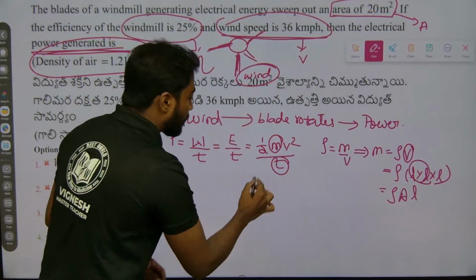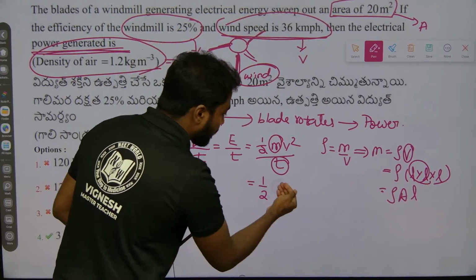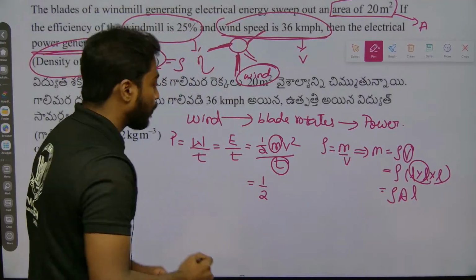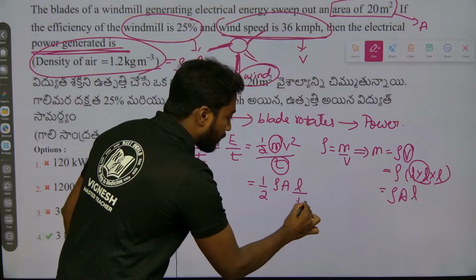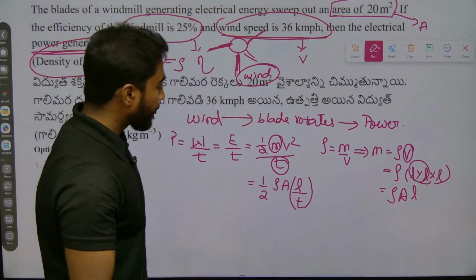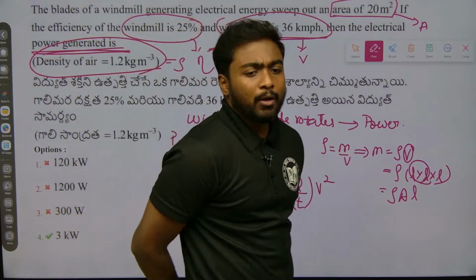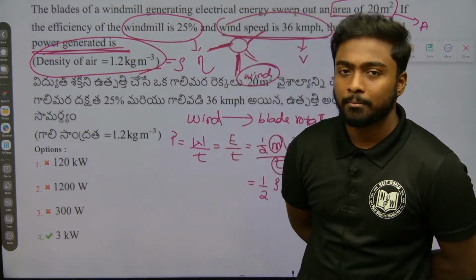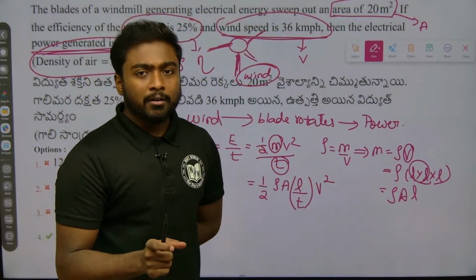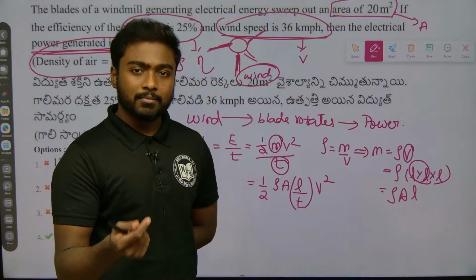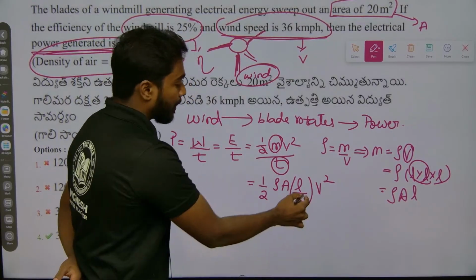Now I substitute m as rho A L, and take the t here, so L by t, into v square. Usually velocity is displacement by time, where displacement is measured in length and time in seconds, so meter per second.